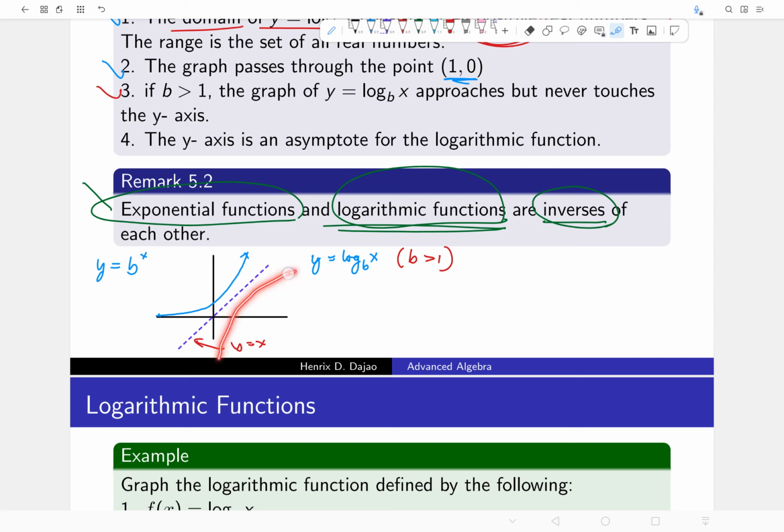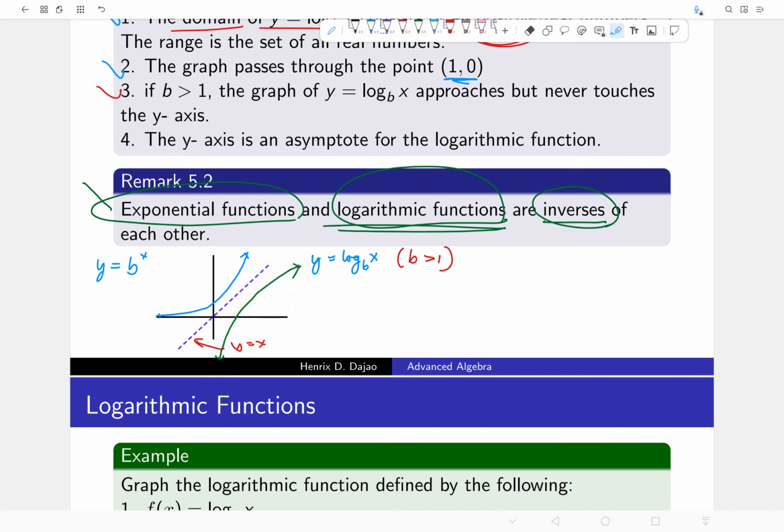So this is just a reflection of this graph with respect to this. Let me use another color. And now remember that the y-axis is the vertical asymptote of this. So now the graph of this is this one.